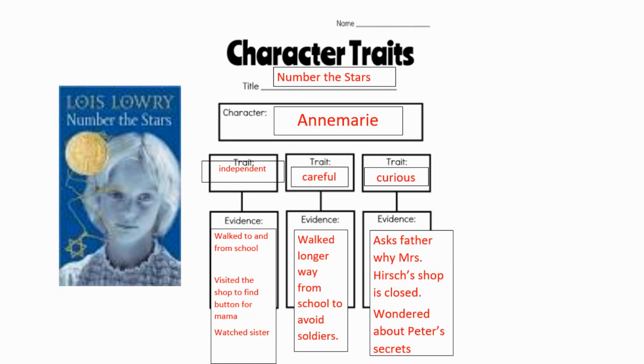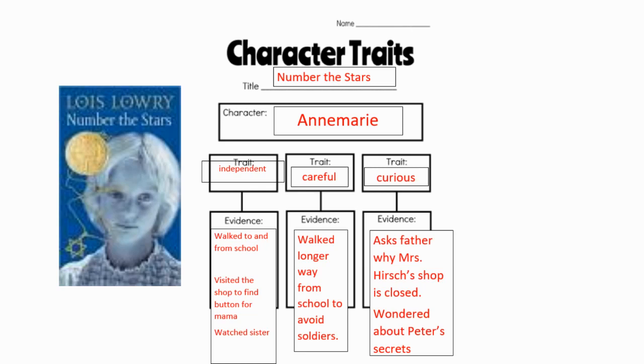Another character trait for Anne Marie is careful. She chose with Ellen and Kirsty to walk the longer way from school to avoid the soldiers. She didn't want to have any incidents or times of meeting up with the soldiers again. So she's very careful and makes good choices. Another character trait is curious.